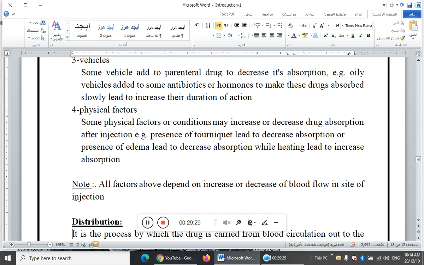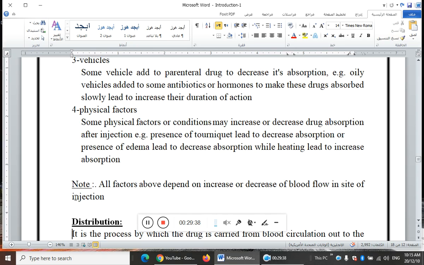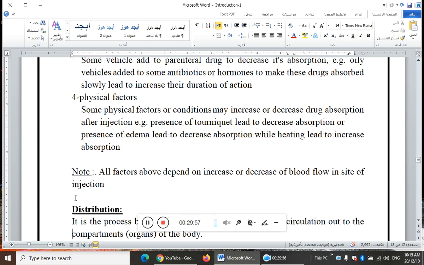From these four factors, we see there is something common to all of them. That means all the factors above depend on the increase or decrease of the blood flow at the site of injection.